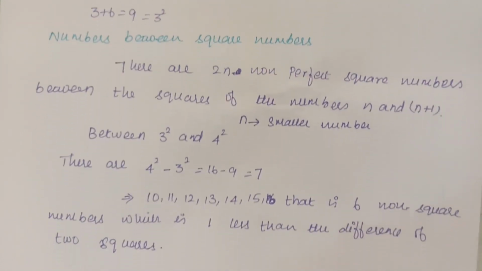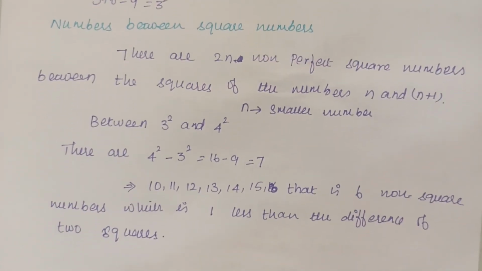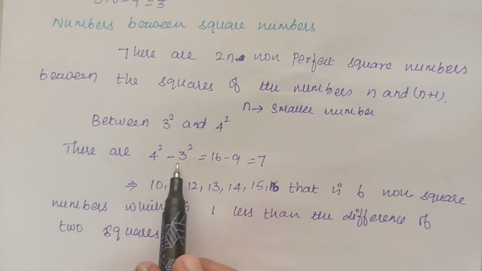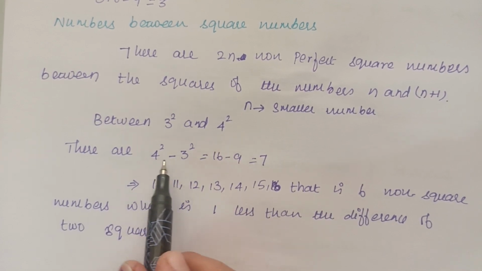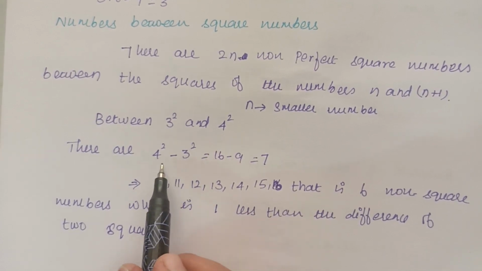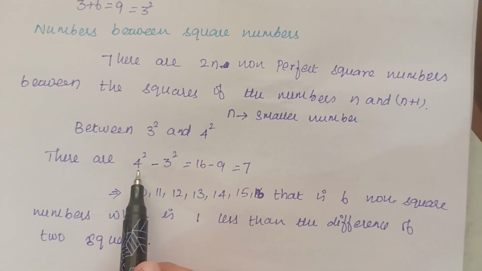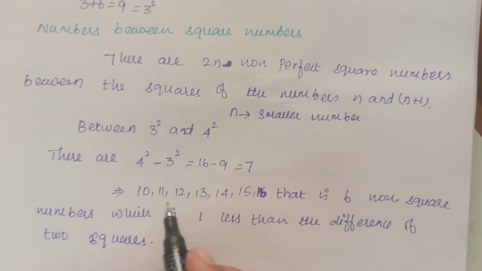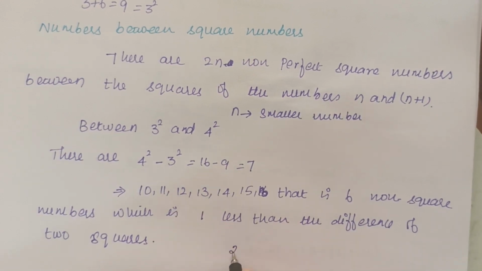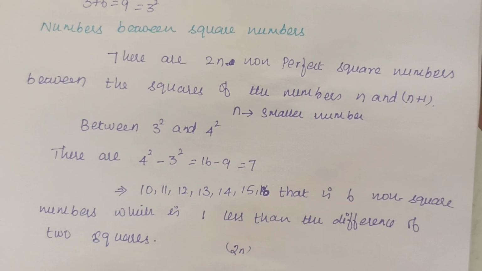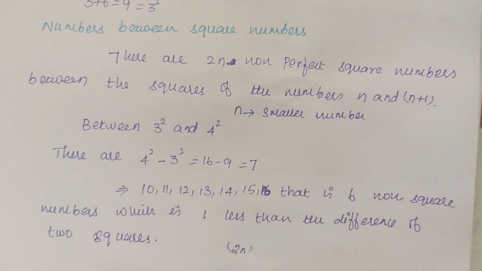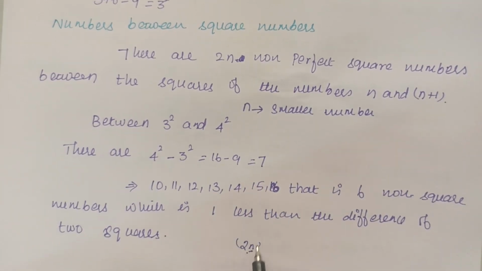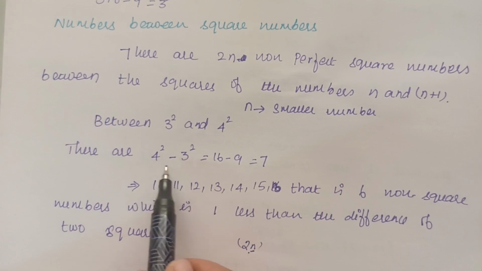Then numbers between square numbers. Here there are two consecutive square numbers, 4 square and 3 square. If we want to find how many numbers are there between these two numbers, we can use the formula 2n. n is the smallest number among these two numbers.